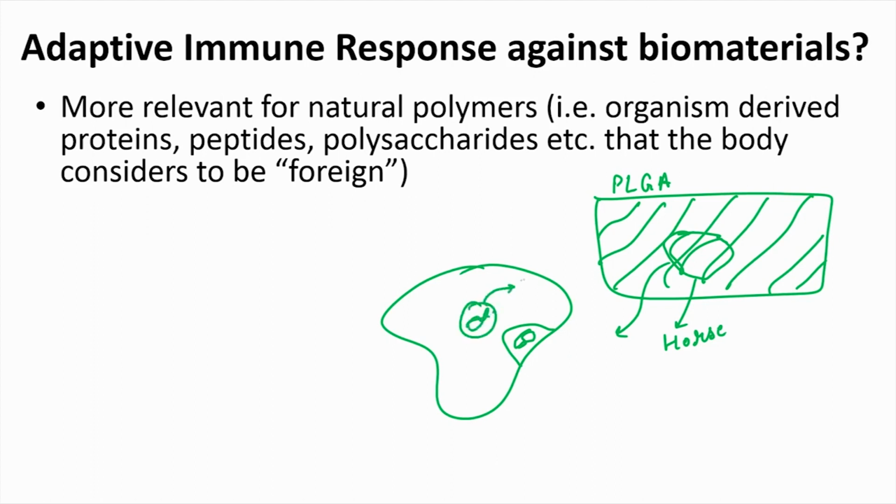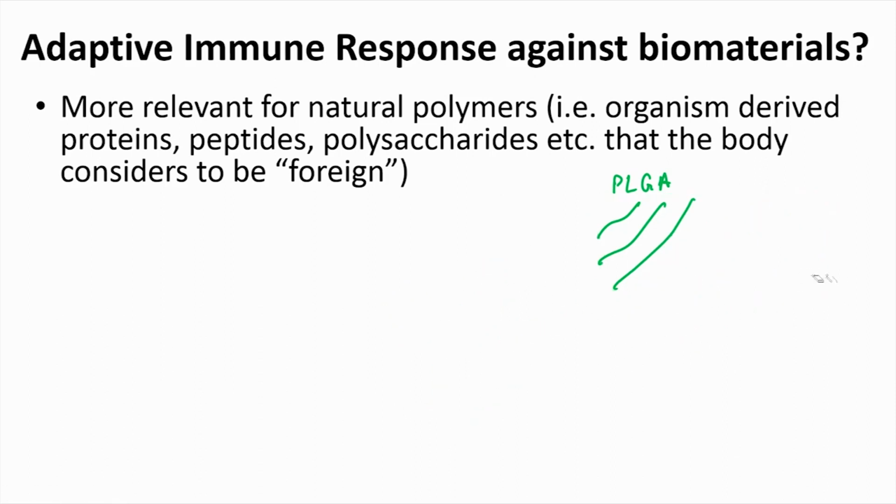So, this is going to get presented through class 2 antigen loading, and then because this protein has a high concentration in the vicinity of this implant, lots and lots of leukocytes are going to come in, there will be lots of cytokines, and that is not going to let this implant function in the way that it was supposed to. So, that is one way.